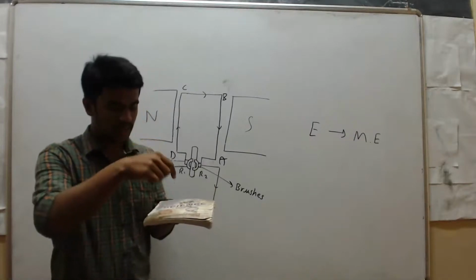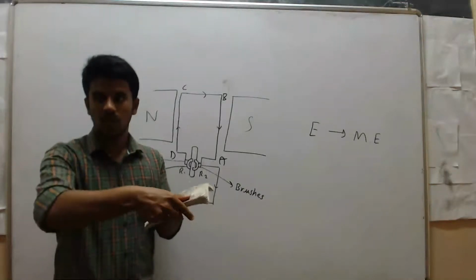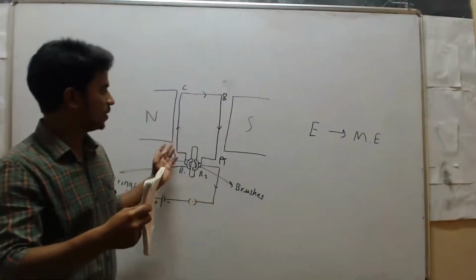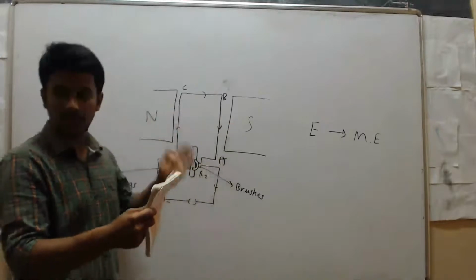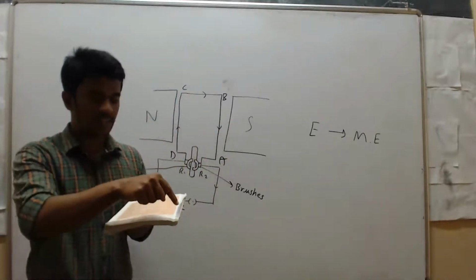This AB side will move downwards, AB will go this side and CD will come this side like this. Now this is DC and this is AB.